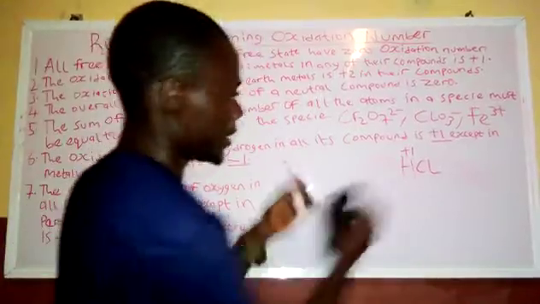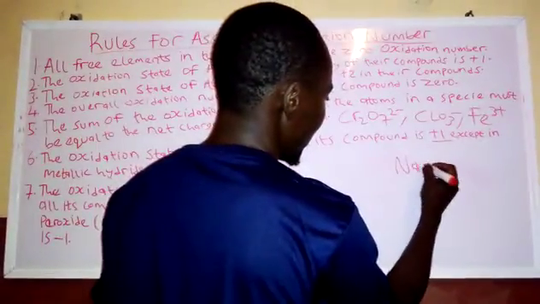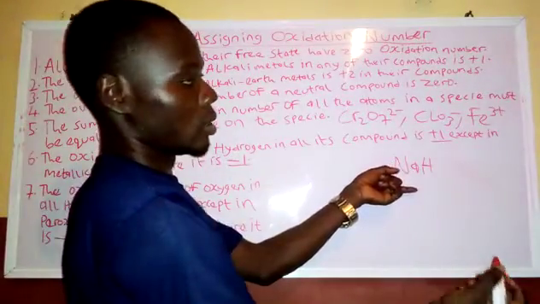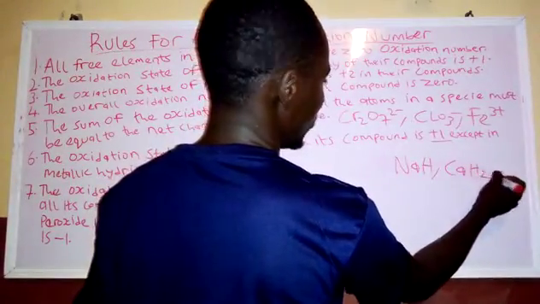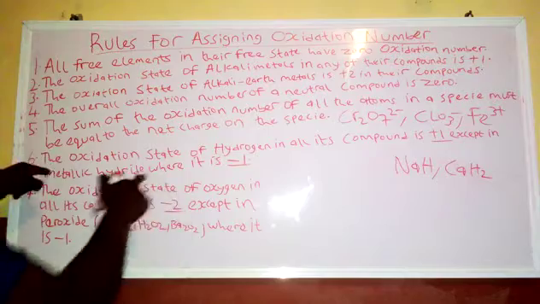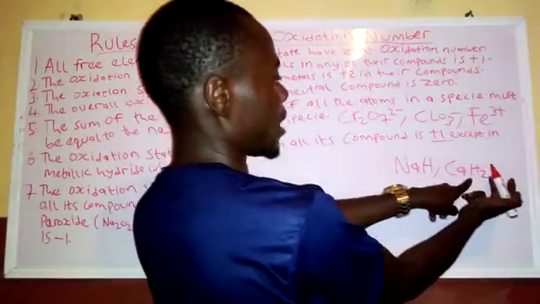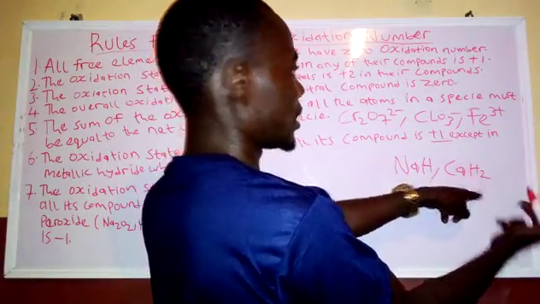When you are talking of metallic hydrides, for example sodium hydride NaH is an example. Calcium hydride CaH2 is also an example of a metallic hydride. So the oxidation state of hydrogen is plus 1 except in metallic hydrides, where it is minus 1. Are you getting it?